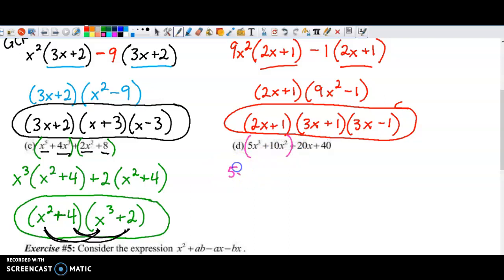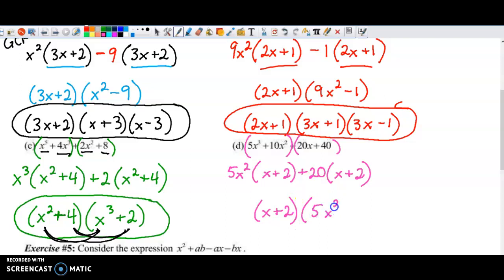Greatest common factor there is 5x squared. You're left with x plus 2. Greatest common factor between these two would be 20. You're left with x plus 2. You write your like parentheses, just write it once, and then you're left with 5x squared plus 20. I didn't realize this until now.